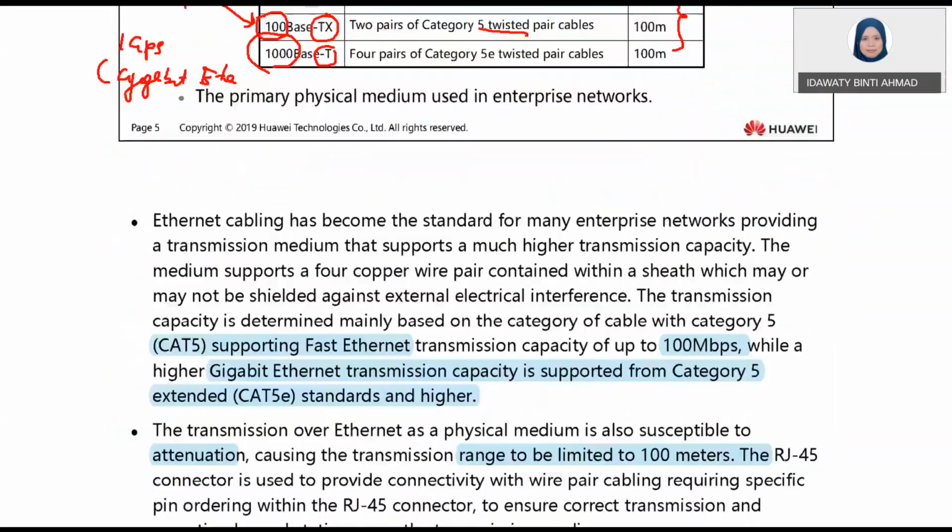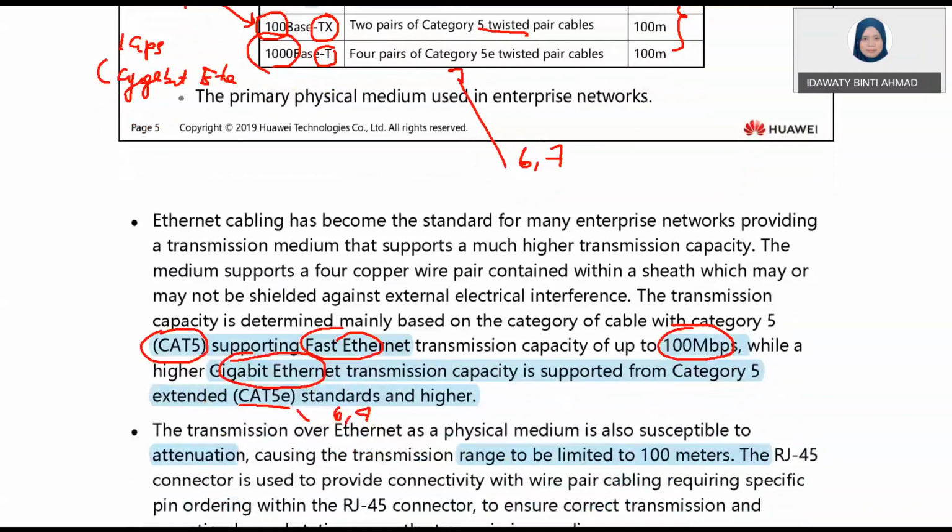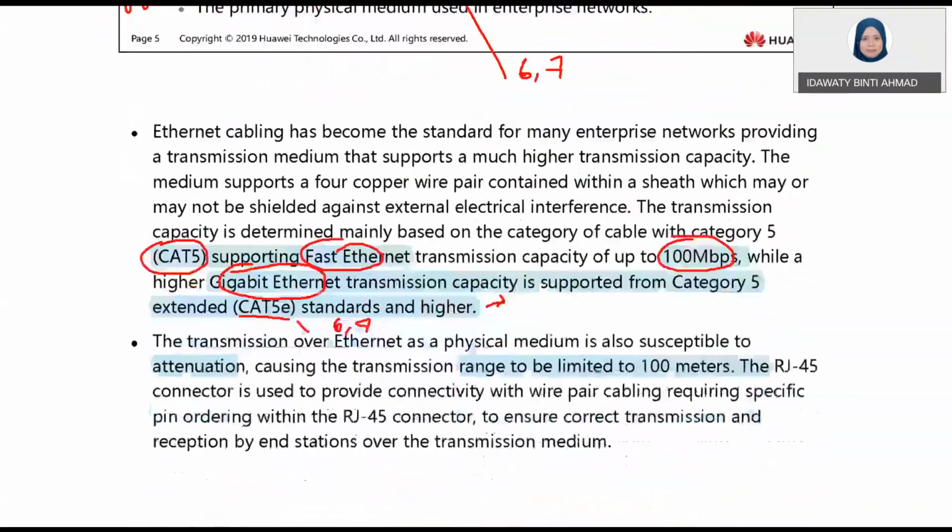This is just the progress of Ethernet. It goes from fast Ethernet using Cat 5, supporting 100 megabit per second, and now we have gigabit Ethernet that can use Cat 5e. We also have Cat 6 and Cat 7, which are not mentioned here. After 5, you have 6, Cat 7, and higher. I hope you can memorize this part.